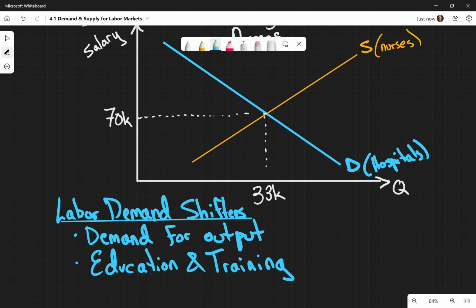Yeah, so that's not a supply side shifter, that's a demand side shifter? You have a good point. The supply side shifter is the required education, so we'll talk about that in a second. But education and training is like what the applicant can do. This is more the general education and training of the country or the state or the community writ large, right?